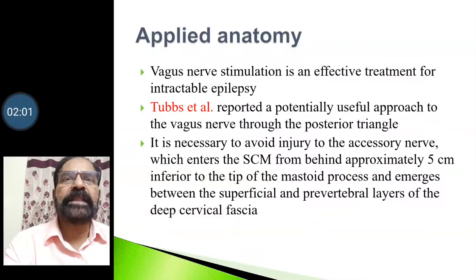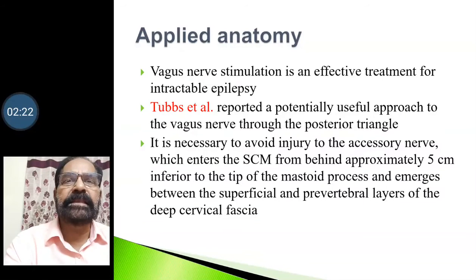Coming to applied aspect, vagus nerve stimulation is supposed to be an effective treatment for intractable epilepsy. Tubbs et al. reported a usual approach to the vagus nerve through the posterior triangle.